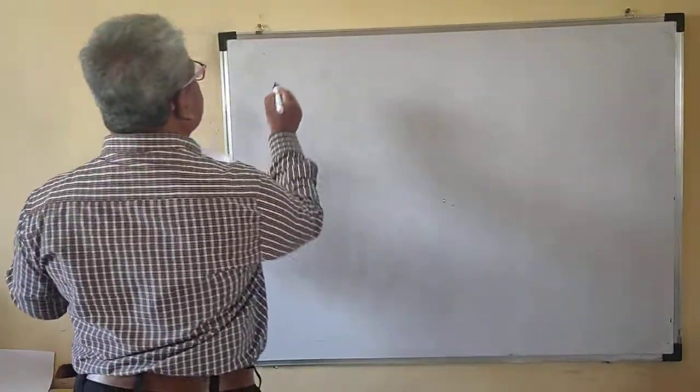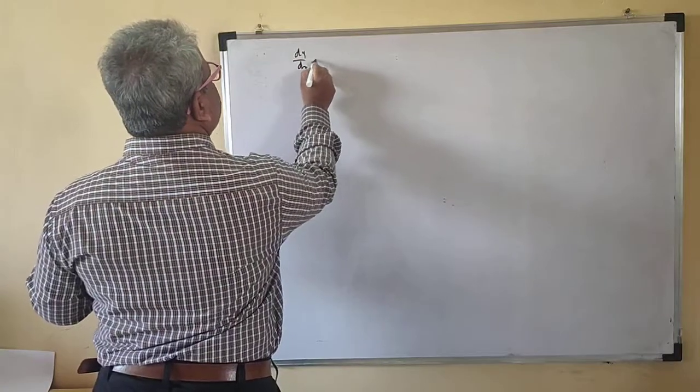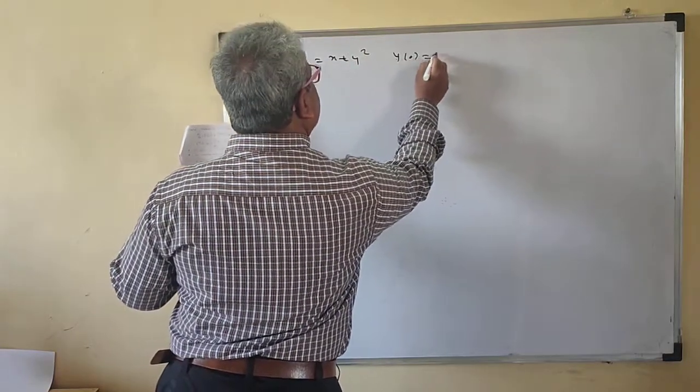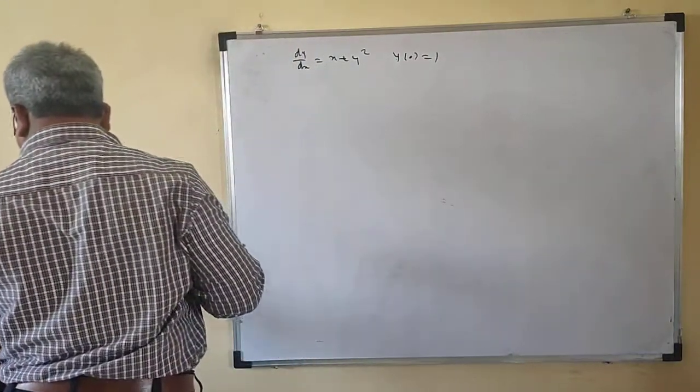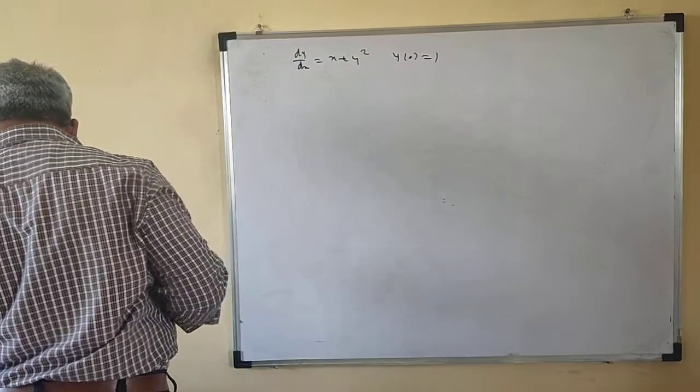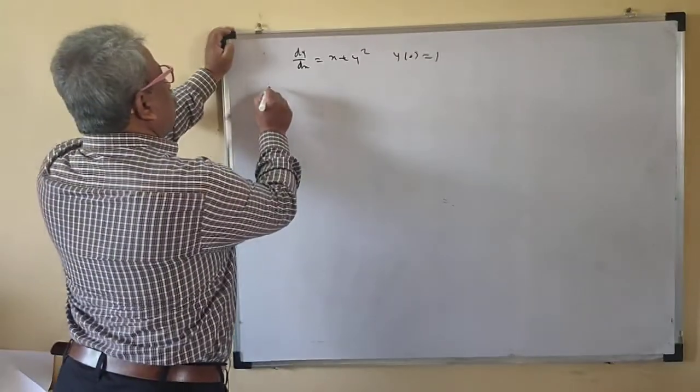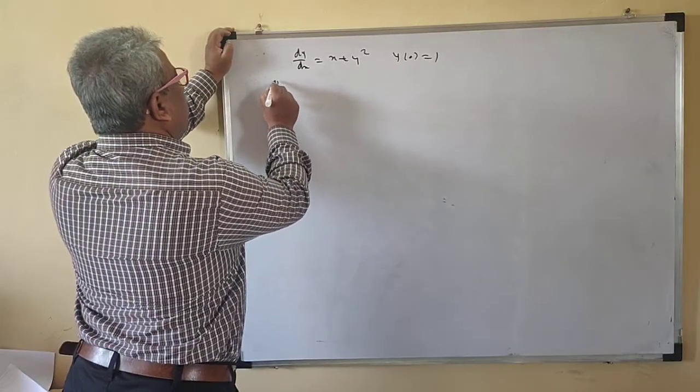Okay, suppose we have the differential equation dy by dx is equal to x plus y square, y of 0 is equal to 1. Okay, so we'll find the first approximation, y1.